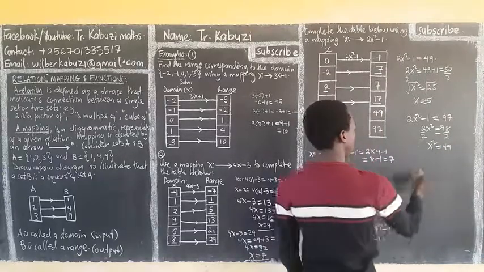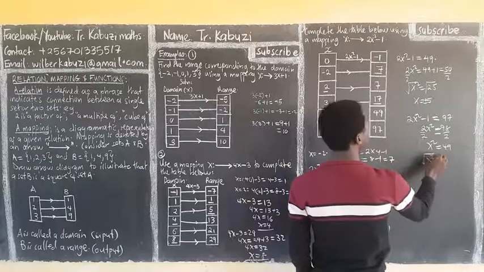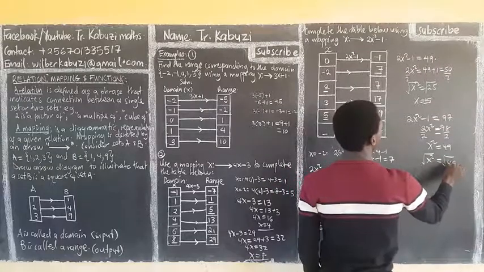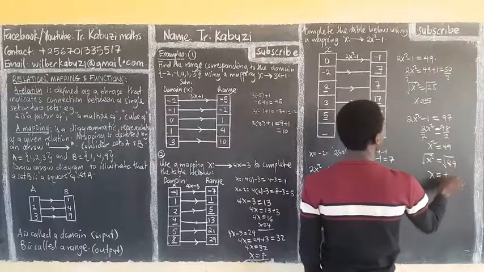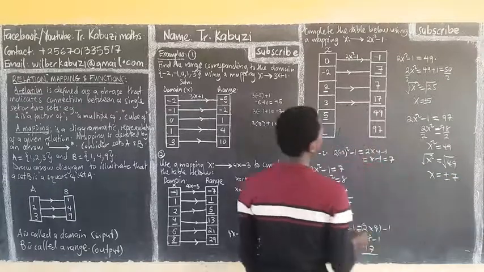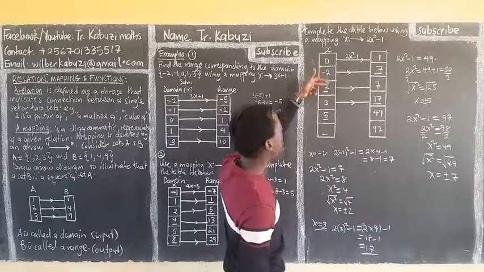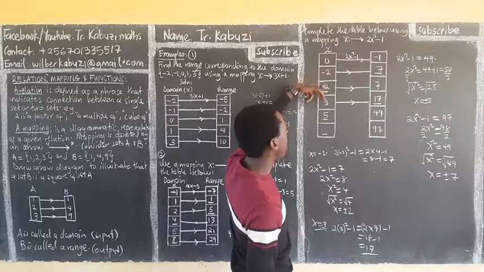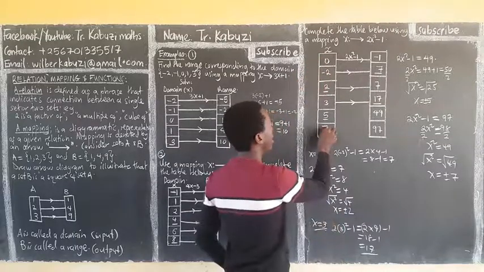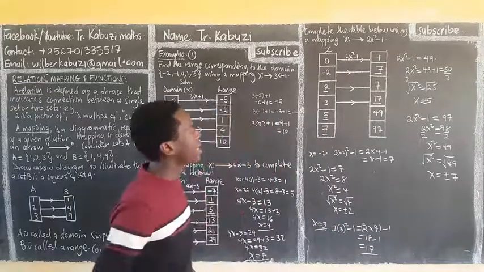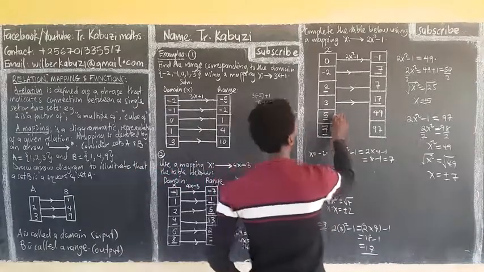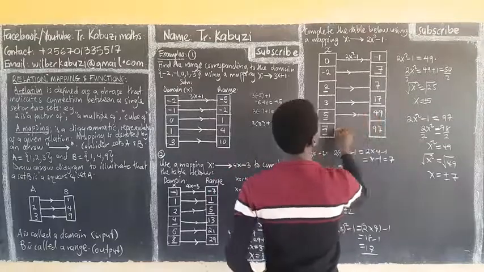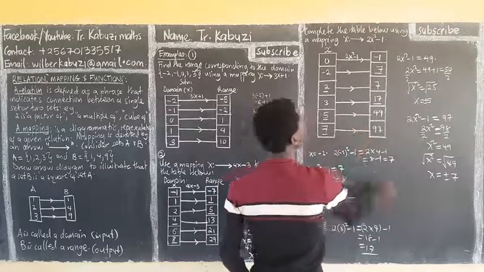Get the square root of both sides, and so my x will be plus or minus 7. And you see that we take the positive because our domain is going on from here, it's increasing. That's why I'm taking 7 like that. So it shows that 5 maps to this, and then 7 maps to this.